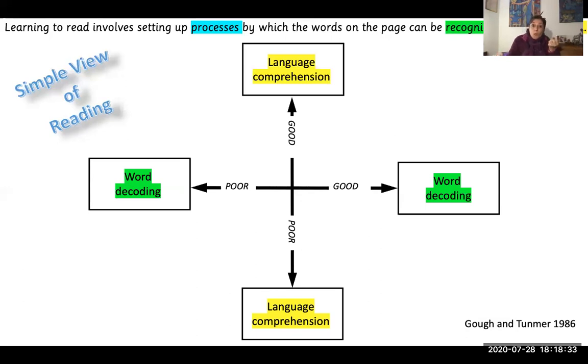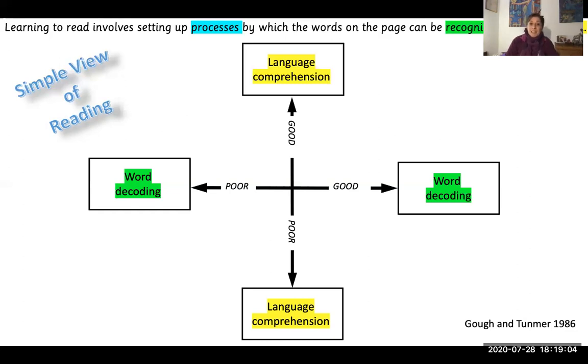If you decode, that is to say, you can sound out the words from a page, but you're not connecting to meaning, you're not comprehending, there's no reading.